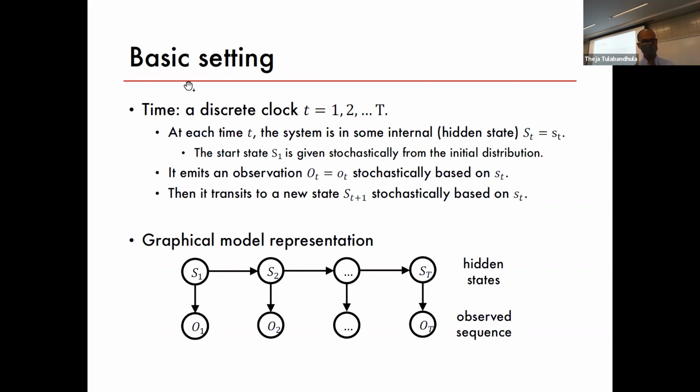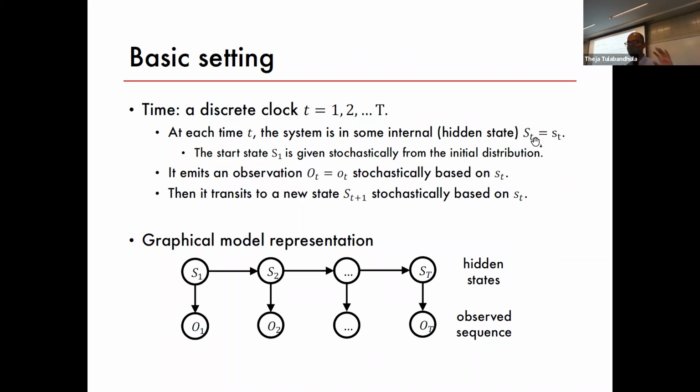Here is an important slide which sets up the model. We have a setting where there's a discrete time index, t equals 1, 2, 3, and so on. At each time, the system, whatever application domain you have, there is some random variable taking a specific value s_t.